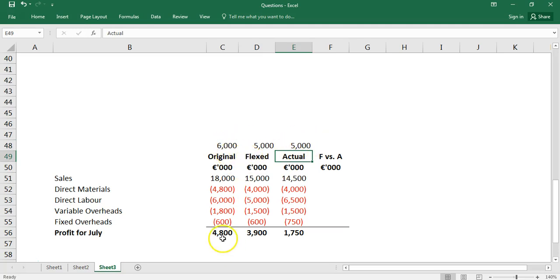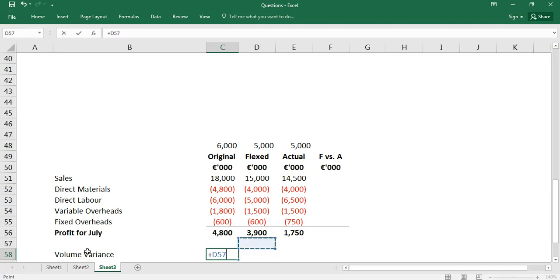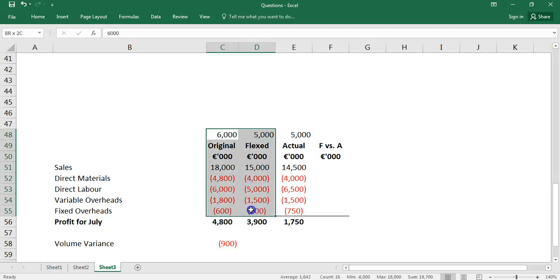Typically what we do is we compare these two to get your volume variance. So the volume difference, the volume variance, is 900. So 900,000 is the difference because you've sold 1,000 units less than expected.